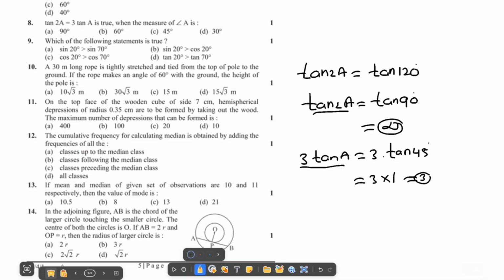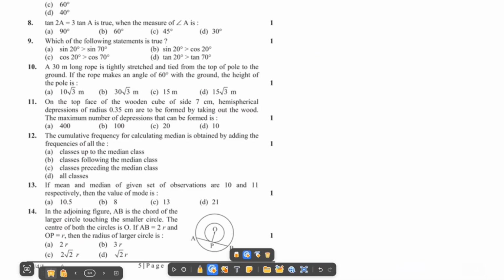Now let's take option D. A is 30. Now let's find the value of tan 2a. Tan 2 into 30 is tan 60 degrees, which is equal to root 3.